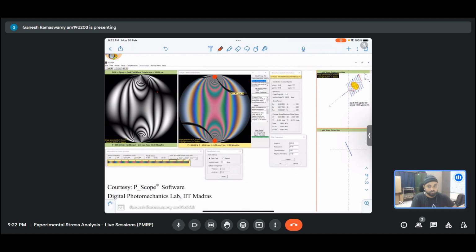So just to emphasize the point about the isoclinics, for example, if we were to take this point, I can see that the isoclinic angle I have given is 25 degrees. So I can see a black band that passes through this point. On the right side, I can see that my polarizer is oriented at an angle of 90 plus 25 degrees. The linearly polarized light passes through parallel to that, and my analyzer is crossed with it, so nothing passes through that point.